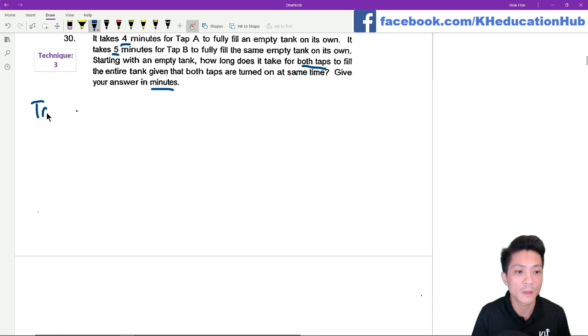Now, tap A takes 4 minutes to fill up one tank.